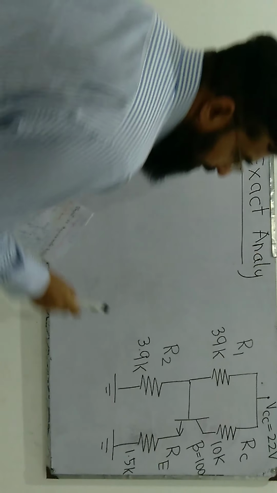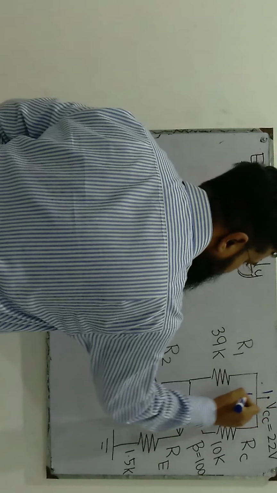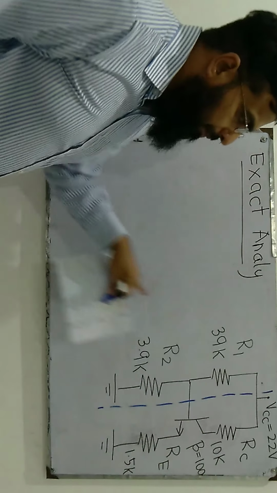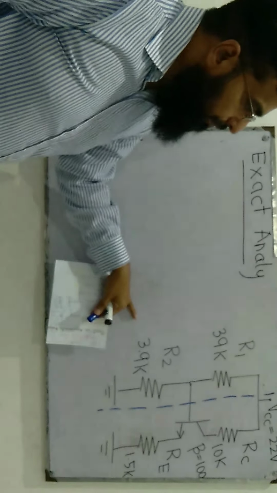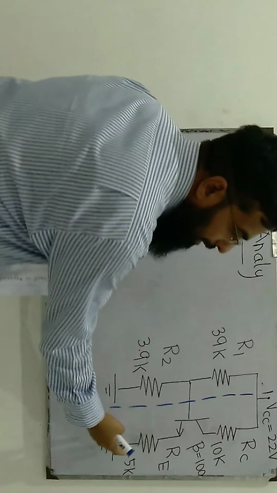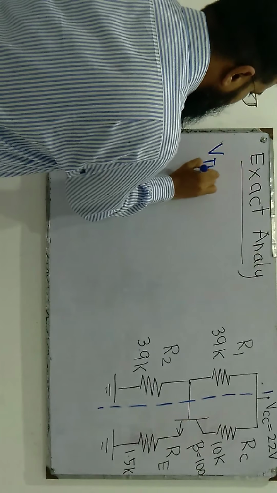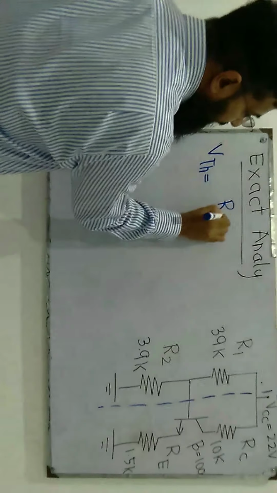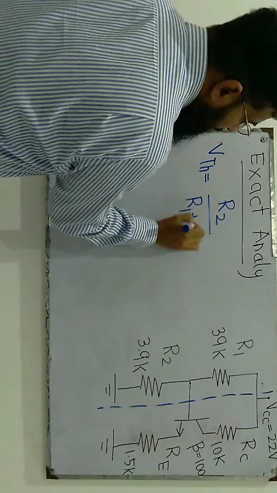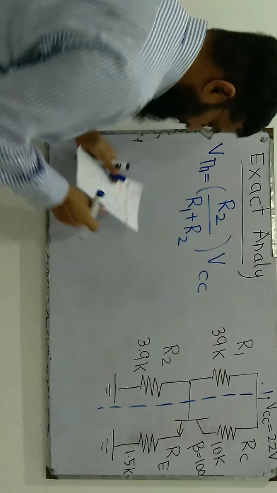As we know, while applying the exact analysis, we apply a voltage divider theorem where all this on the right of this dotted line is considered as a load and is removed, and then we calculate V Thevenin, which we have already done: R2 over R1 plus R2 times VCC.